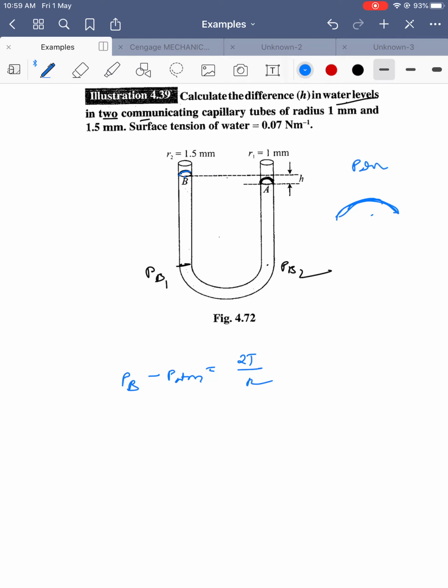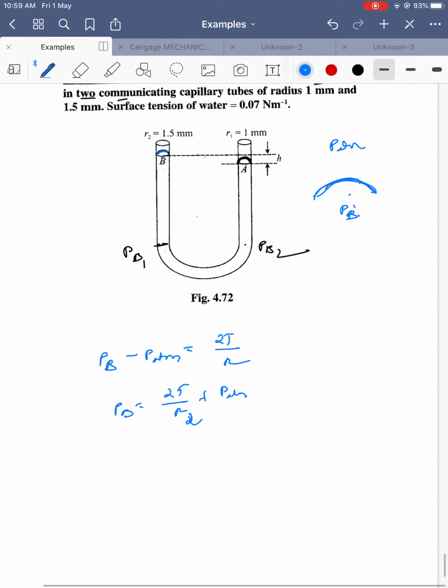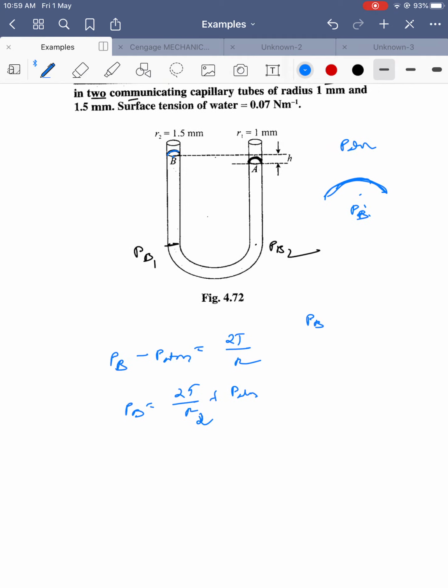Outside is P atmosphere, inside is PB, and PB minus P atmosphere is equal to 2T by R. So PB is equal to 2T by R plus P atmosphere, R1, I'm sorry, that is R2.